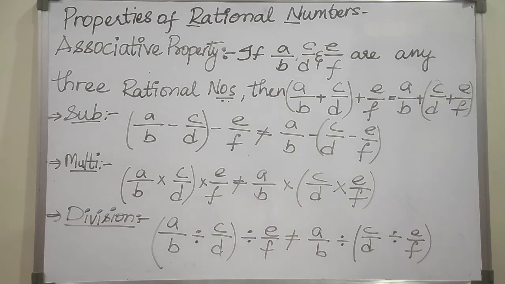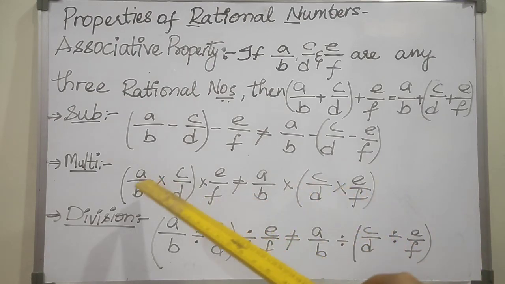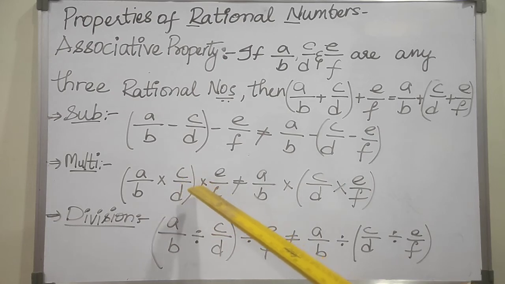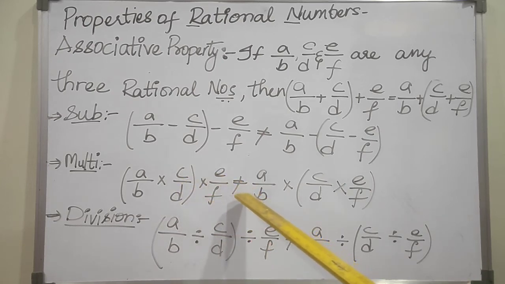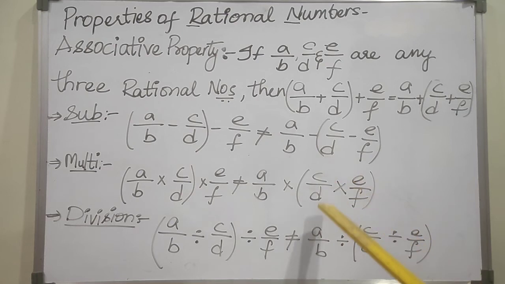Now, when we multiply these rational numbers by grouping them in different ways, whichever way you want, you can. For the three rational numbers, A by B into C by D into E by F equals A by B into C by D into E by F. You have to observe the grouping. The rational numbers are associative under multiplication.